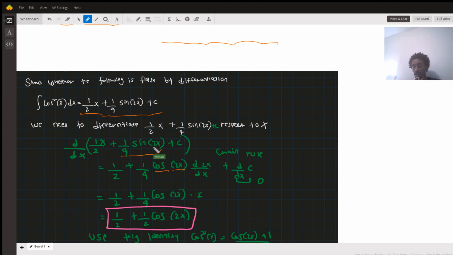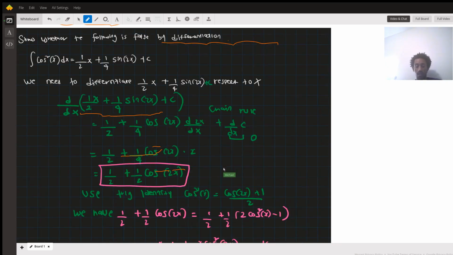Inside, we have 2x, so we take the derivative of the inside, which would just give us 2. The x will disappear. And c is just a constant. When we take the derivative of c with respect to x, we'll just get 0.